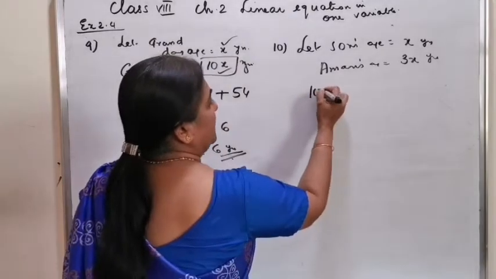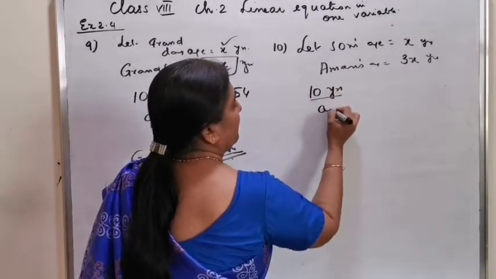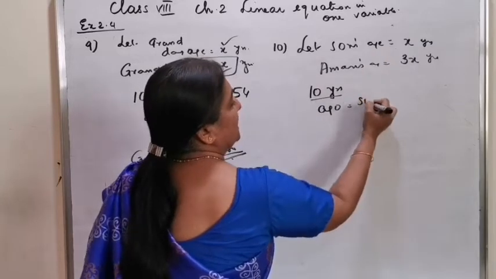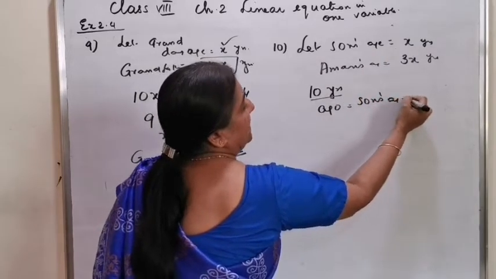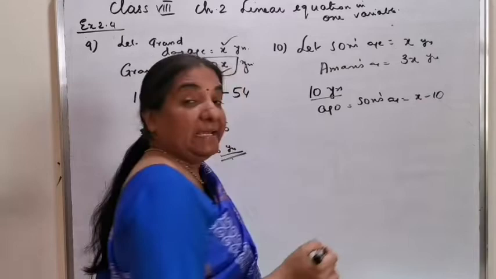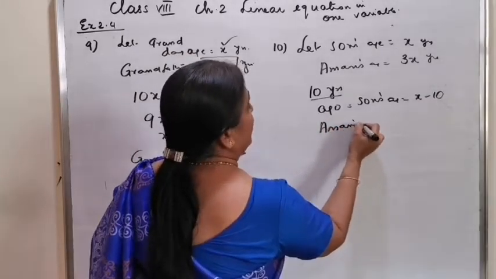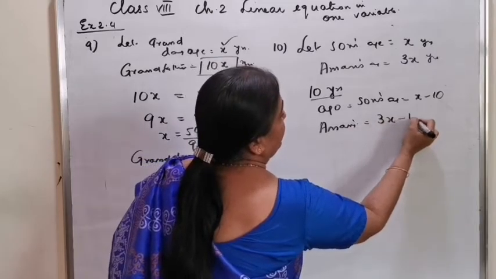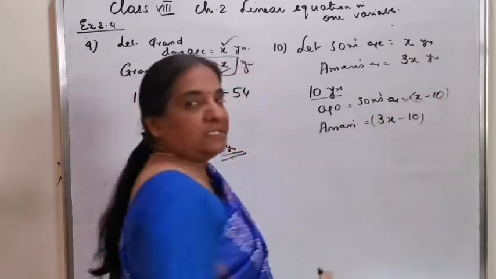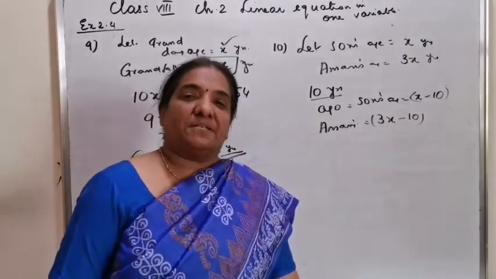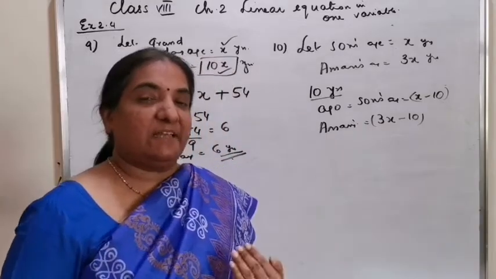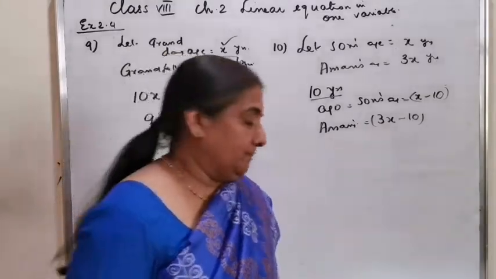Immediately, 10 years ago, what was the son's age? The son's age would have been x minus 10 and Aman's age would have been 3x minus 10. That means both of them must have reduced 10 years. That means they were 10 years younger.